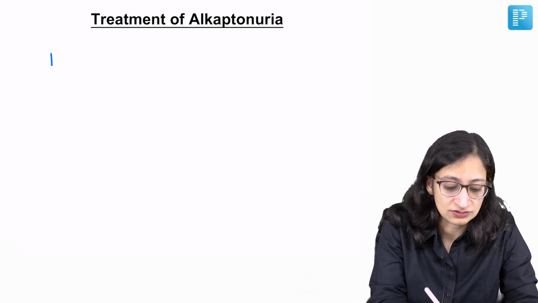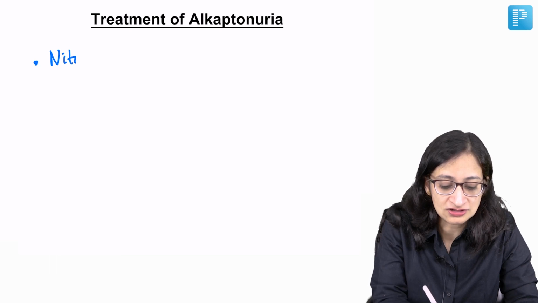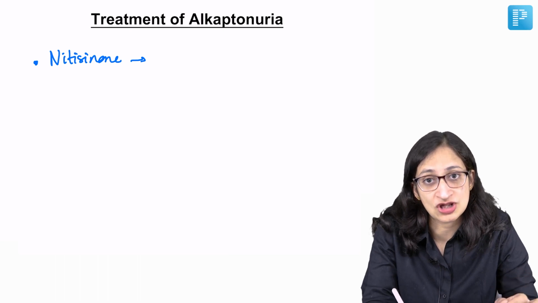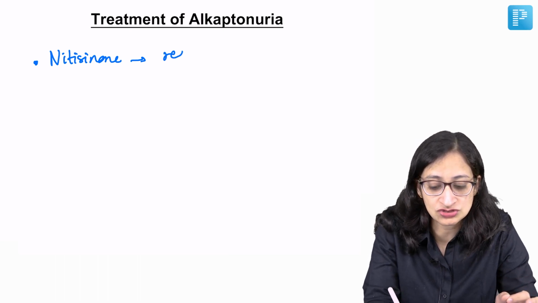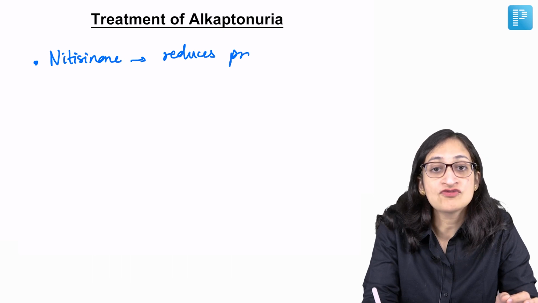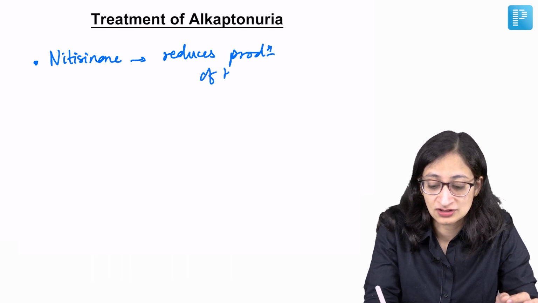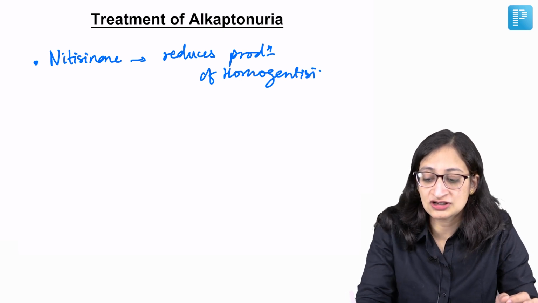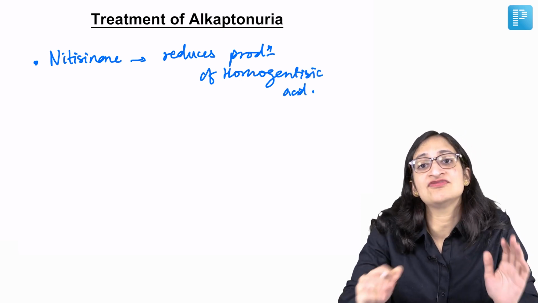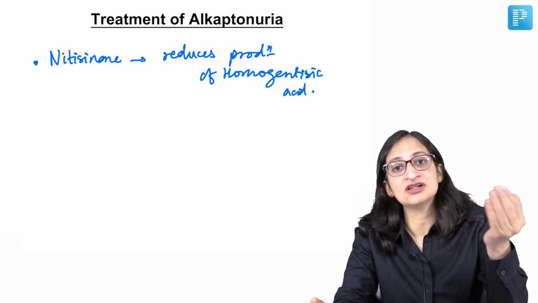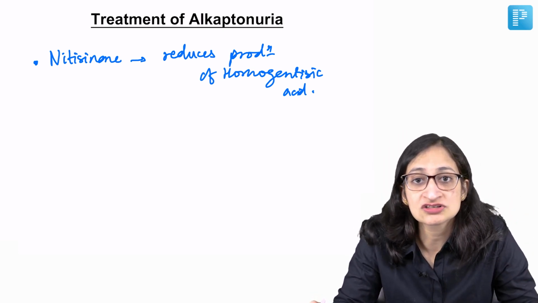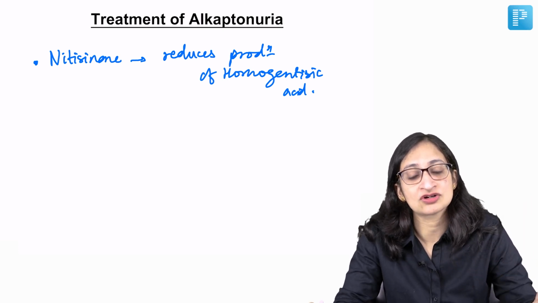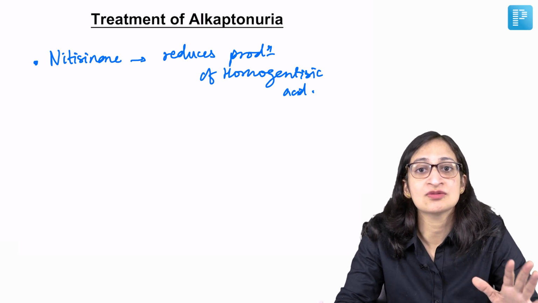Okay. So the management of Alkaptonuria involves a drug known as nitisinone. Nitisinone is a drug that reduces homogentisic acid production. Apart from that, you also need to give a diet restricted in phenylalanine and tyrosine, because, as Dr. Smily told you, all this homogentisic acid is a byproduct or a metabolite of the phenylalanine metabolism pathway.